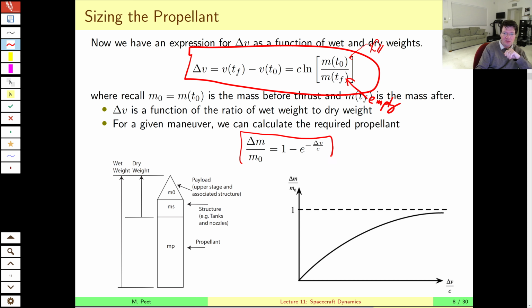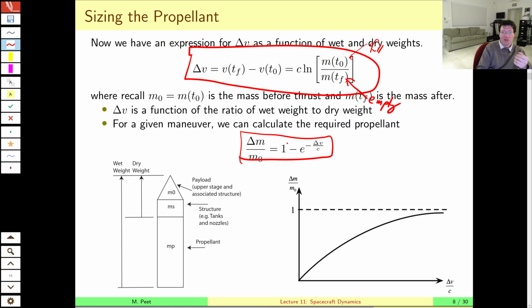So for a given delta V, in order to achieve that delta V, if we invert this equation, we say e to the delta V over c equals m naught over m f, right?